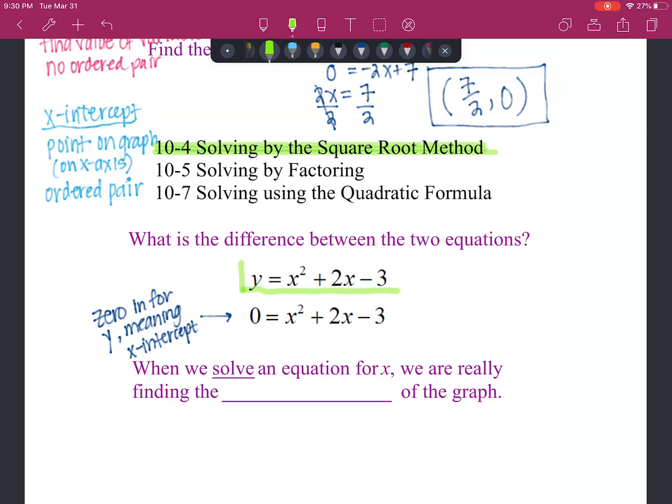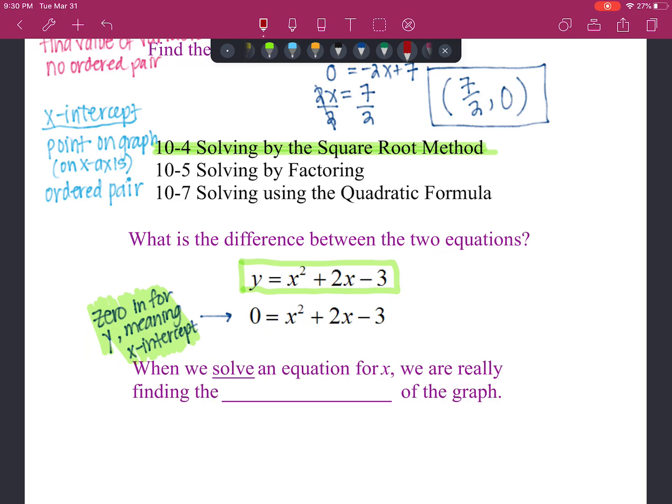So this equation, because it has a y, will result in an x-intercept, which is an ordered pair.